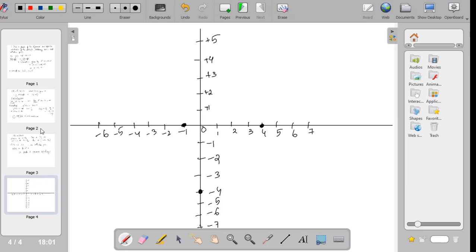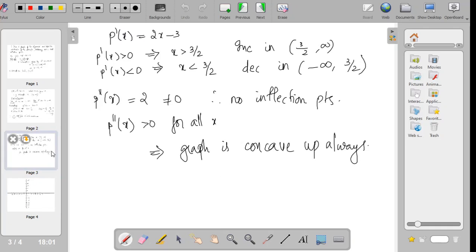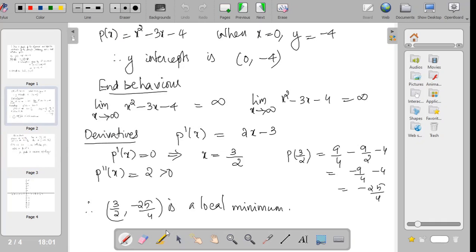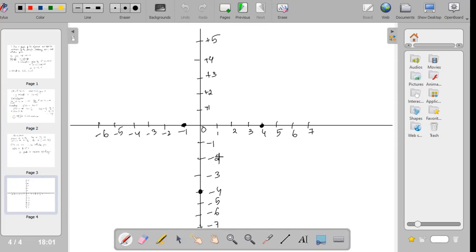And next you have to mark the extrema, the local minima. This is 1.5 and minus 6.25. So this is minus 1, 0.